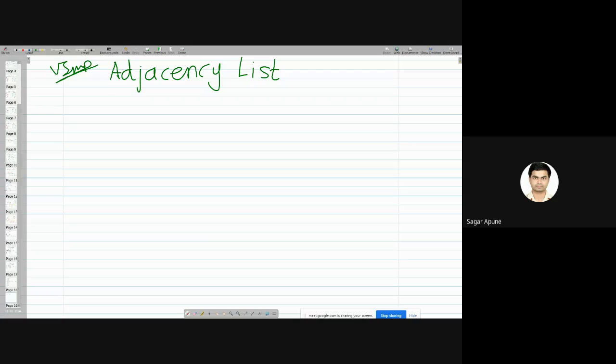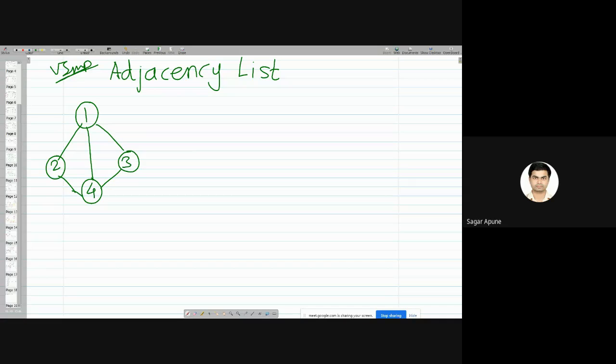Okay, what does adjacency list mean? Suppose there are 2 examples. This is my undirected graph with vertices 1, 2, 3 and 4. 1 and 2 connected, 2 and 4, 4 and 3 connected.